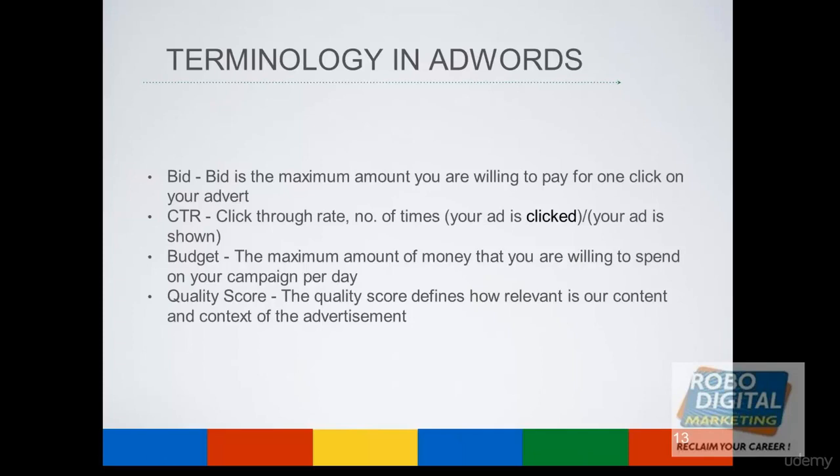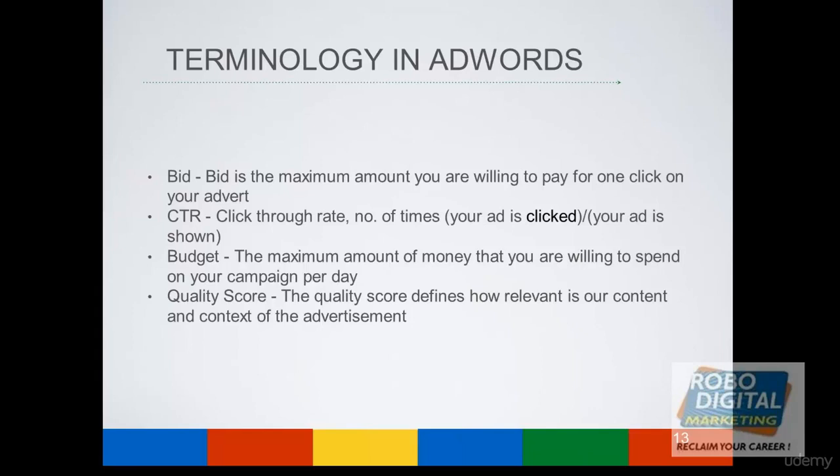Next is the CTR, that is click-through rate. It is the number of times your ad is clicked divided by the number of times your ad is shown. It is very, very important. The reason is if your ad is shown too many times and it is not clicked, that means your ad is not attractive or is not leading the customer towards your website.